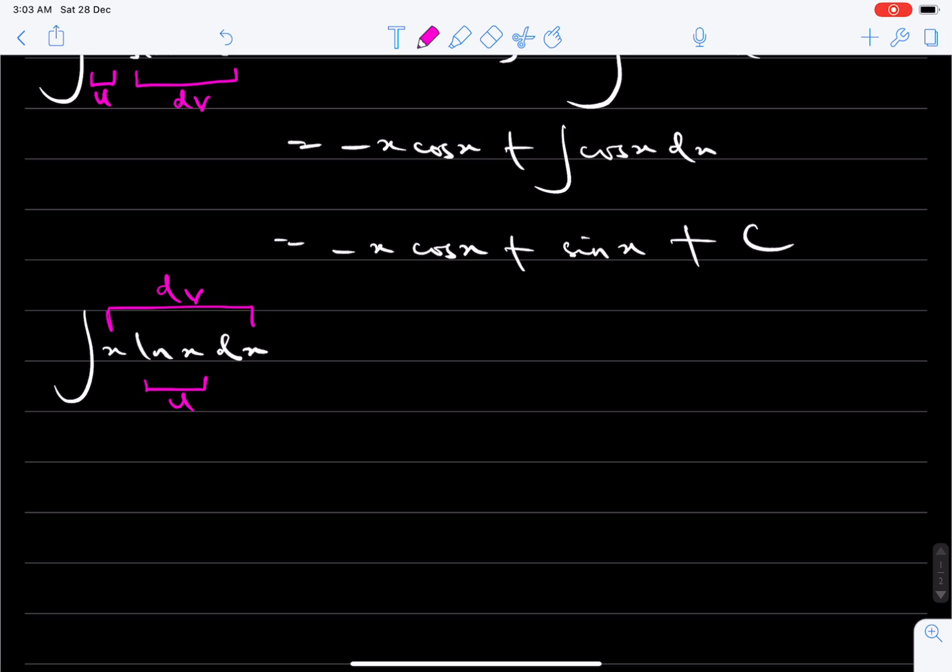Here we know that ln x is not a derivative, so we cannot say dv is ln x dx. So it's better to choose u as ln x and x dx as dv.